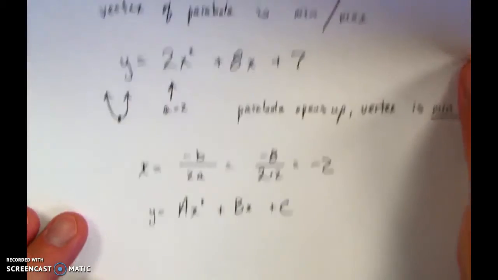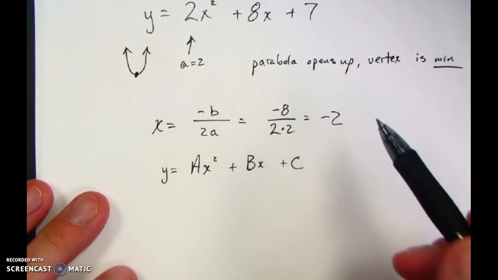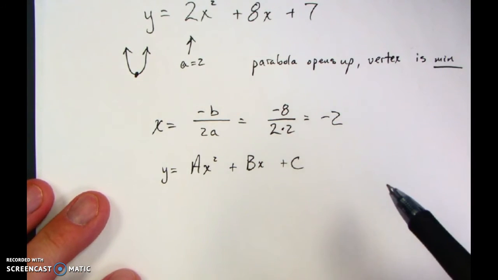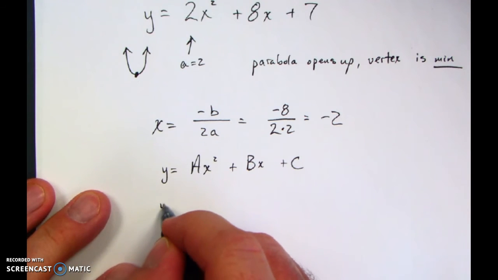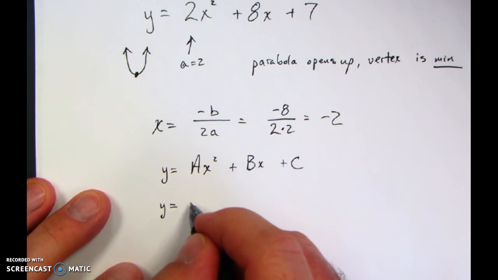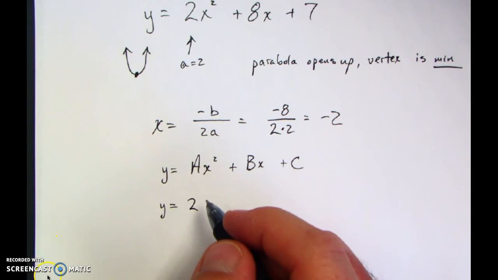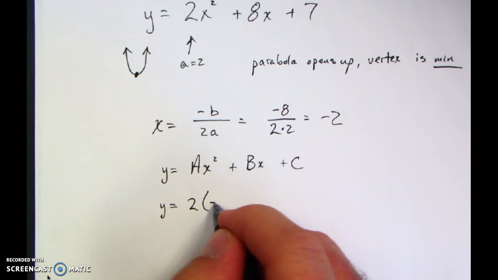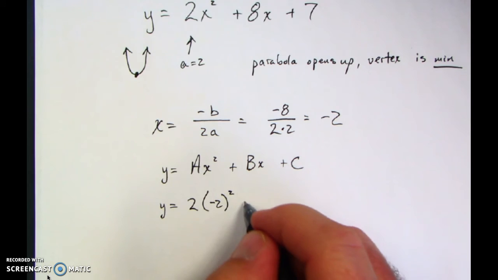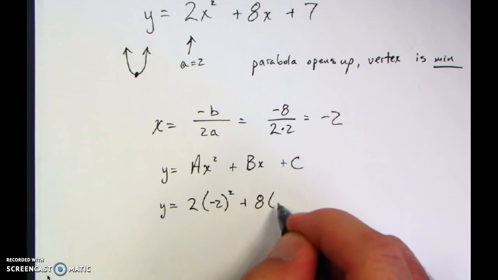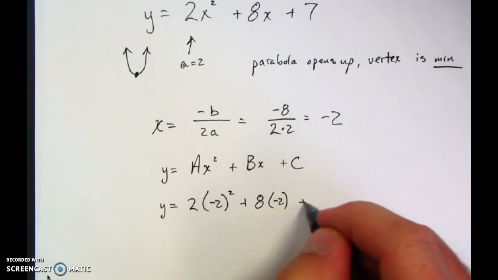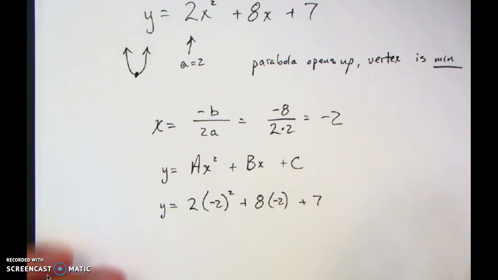So then what we have found is what our x value is at the vertex. It's at negative 2, and now we can plug that back into our original. So we have 2x squared, so that's going to be a negative 2 plugged in there, plus 8 times x, plus 7. So then we simplify that.